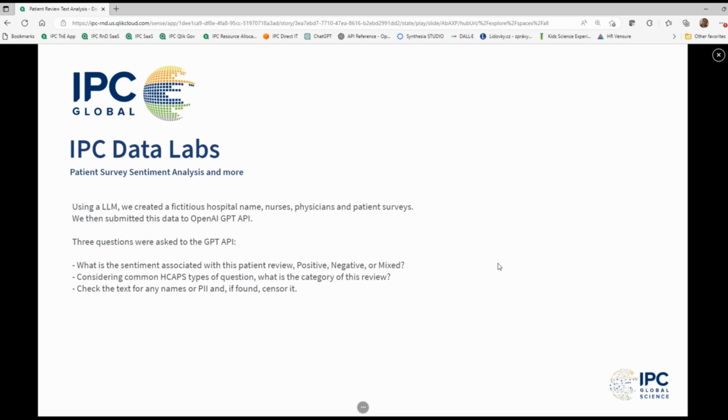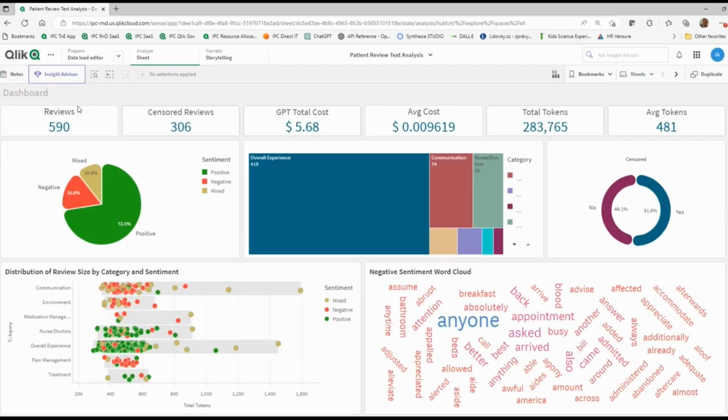Now let's see how that works out. We had 590 patient reviews. Out of those, 306 were censored, meaning they contain some personally identifiable information.